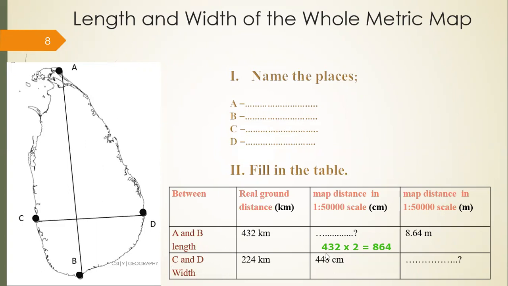Then what's the width of the map? Again, 448 centimeters will be coming by multiplying this number by 2. 224 into 2 is equal to 448 centimeters.